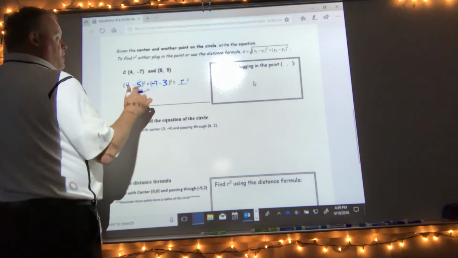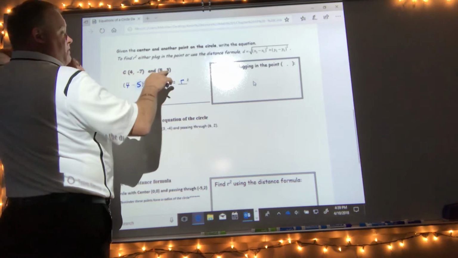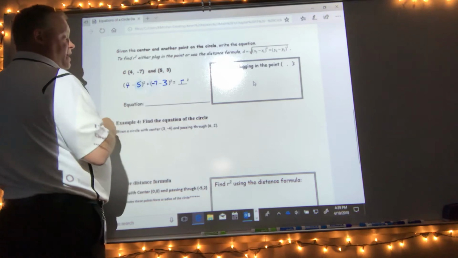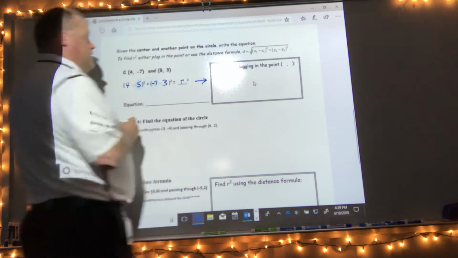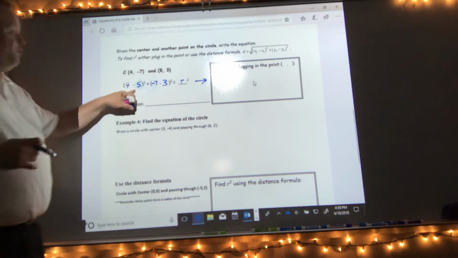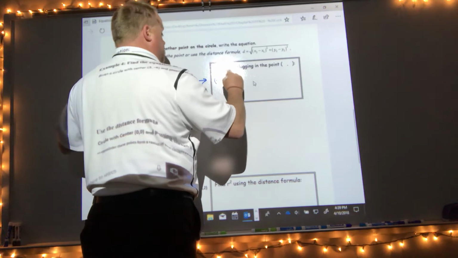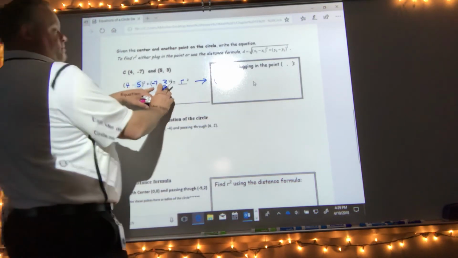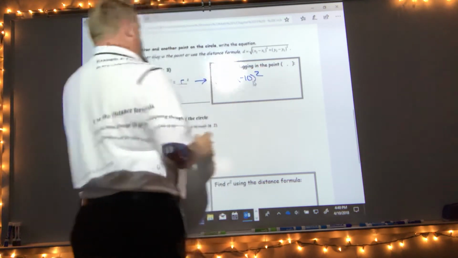Okay, so all I've done is taken the center, which is C, 4, -7, and the point 5, 3, and plugged them into the equation. What that allows me to do is to go ahead and say, what's 4 minus 5? Well, 4 minus 5 is -1 squared plus -7 minus 3. Well, that's a -10 squared.